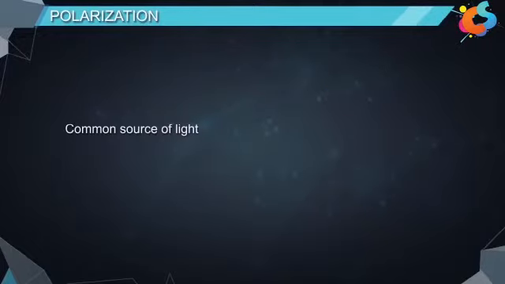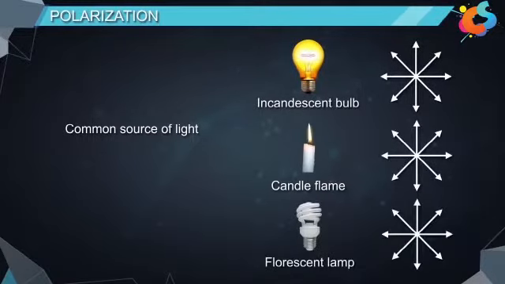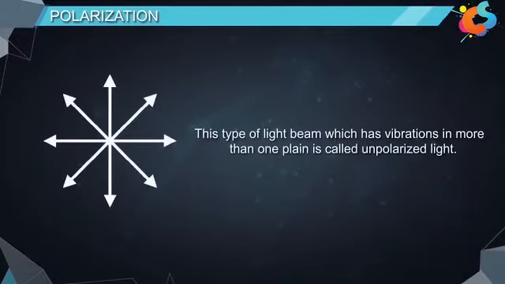Due to this, a common source of light like an incandescent bulb, candle flame, fluorescent lamp, etc. emit light that has electric field vibrations in a number of directions. This type of light beam which has vibrations in more than one plane is called unpolarized light.